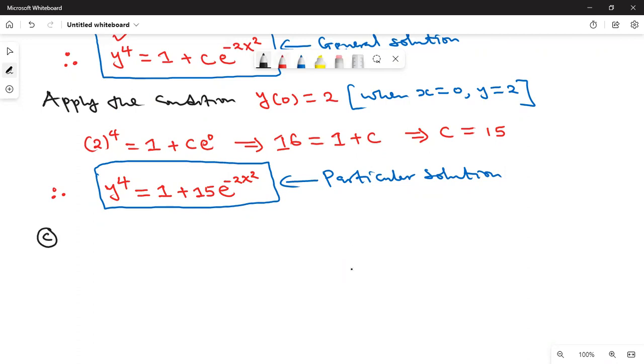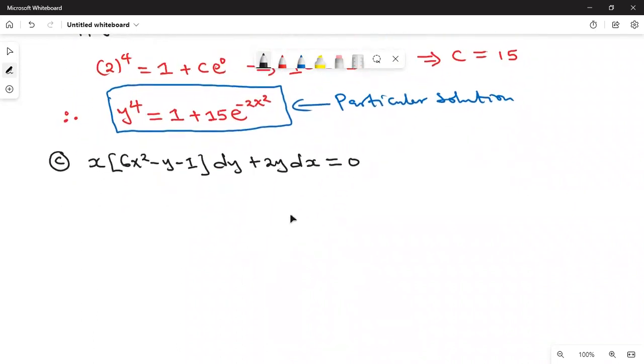So we can write x times 6x squared minus y minus 1 dy plus 2y dx is equal to 0. So that's what we have.